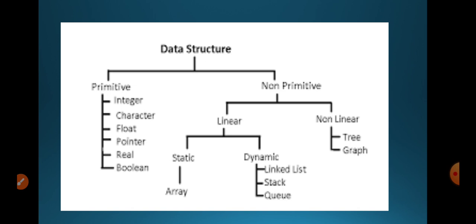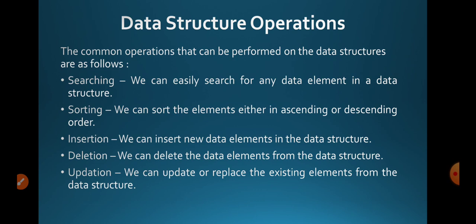The operations performed on these data structures are searching, sorting, insertion, deletion and updation. Searching: we can search for any data element in a data structure using the search operation, and we can sort the elements in the data structure in either ascending or descending order.